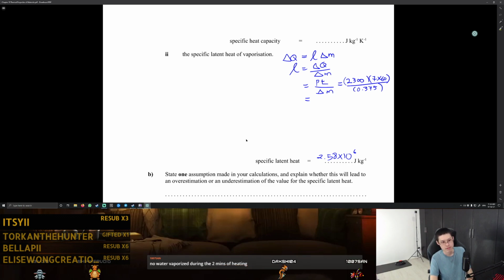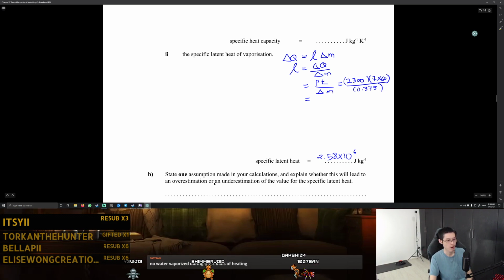So another assumption that we have also made is that there is no heat loss to the surroundings. Okay, so is this going to lead to an overestimation or an underestimation of the specific latent heat? What do you guys think? So if you were to account for this assumption, and then you compare it with this value here, is the actual value going to be higher or lower than this?